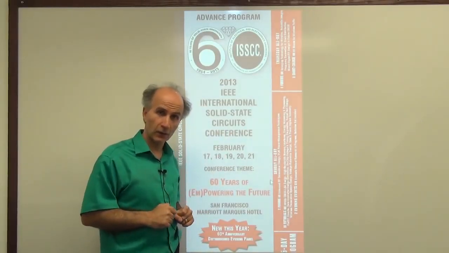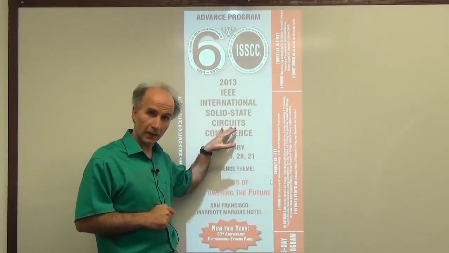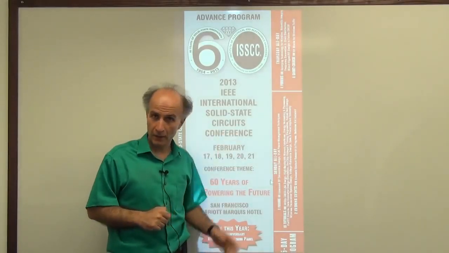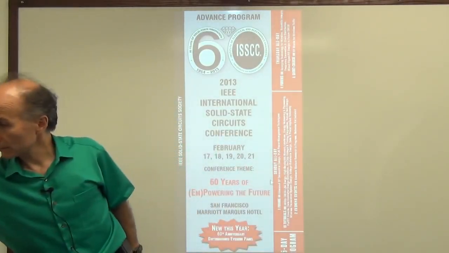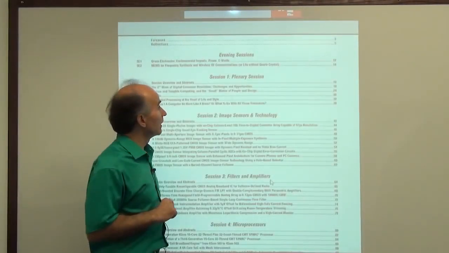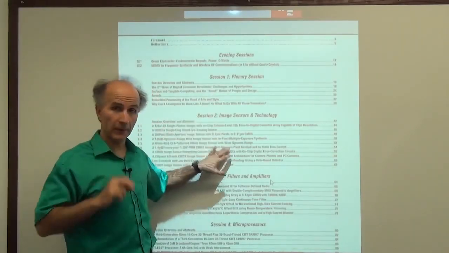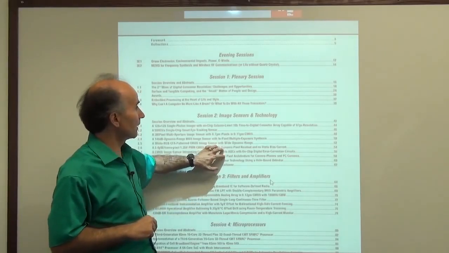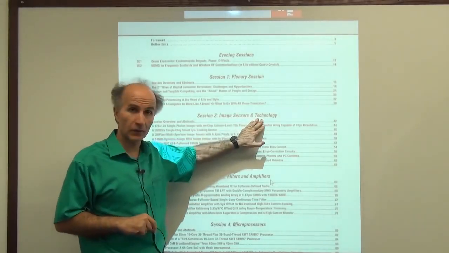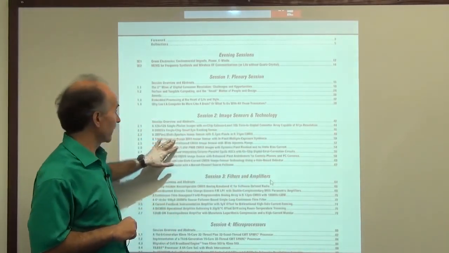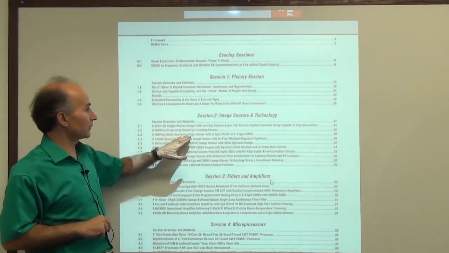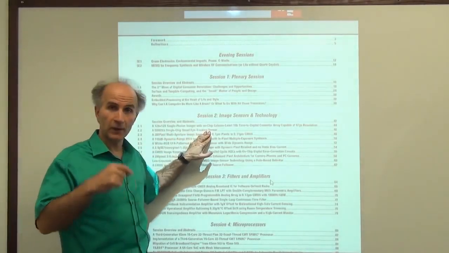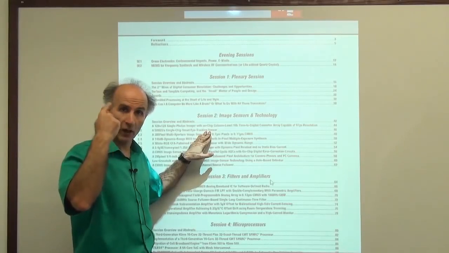But let me just take you through some of the highlights of what appears in this conference, for example, for 1 year, to see what's going on. There are many sessions of papers. There are lots of papers that people present, and I just want to show you some of them. Image sensors and technology. This is all about a single chip eye tracking sensor, a sensor that can track our eye movements.